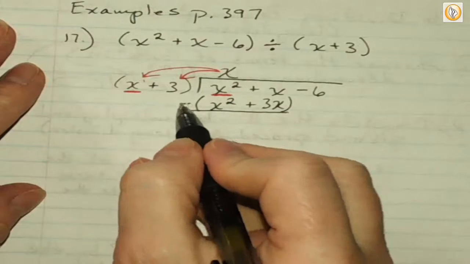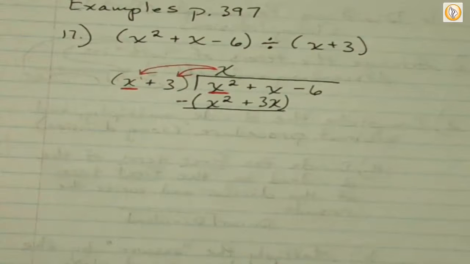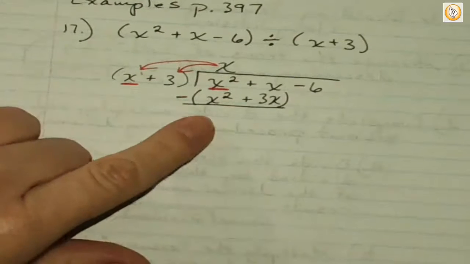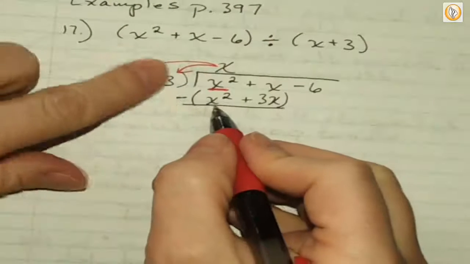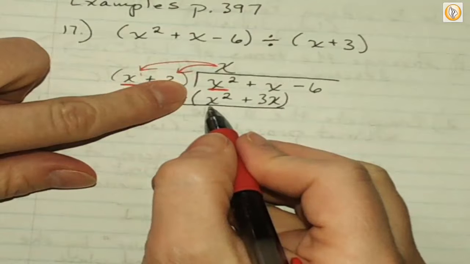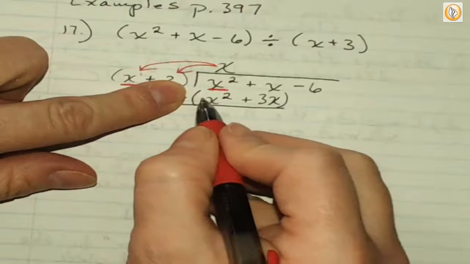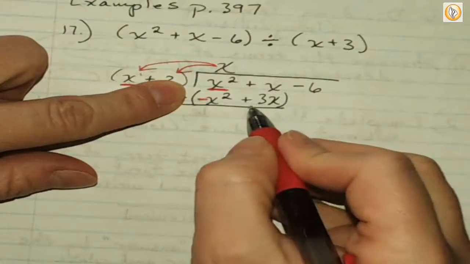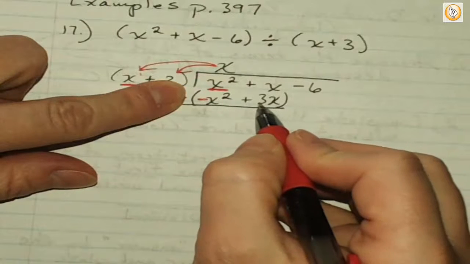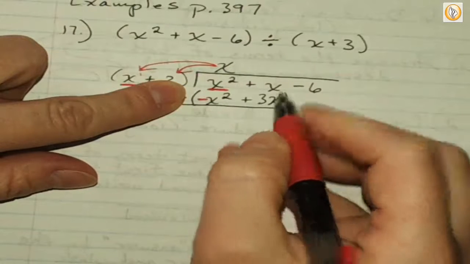Now, what happens when I put a minus sign in front of the parentheses, Emily? Everything inside changes. So this x squared is now what? It was positive, it's negative. And then this positive 3x is now what? Negative.